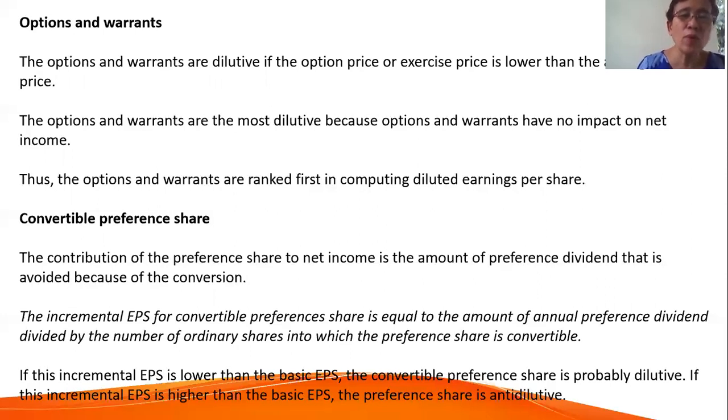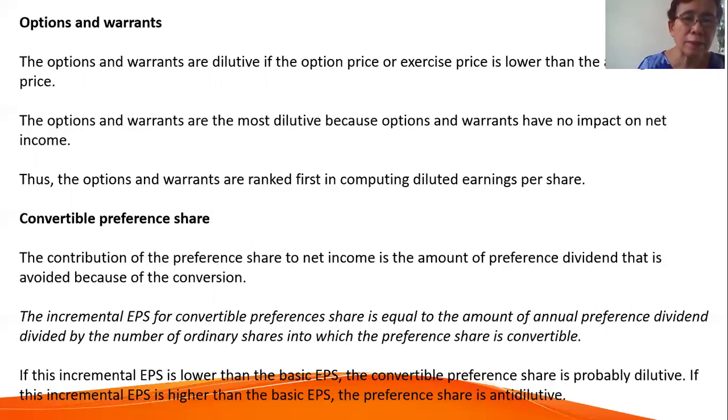Thus, the options and warrants are ranked first in computing diluted earnings per share. Convertible preference share: the contribution of the preference share to net income is the amount of preference dividend that is avoided because of the conversion.